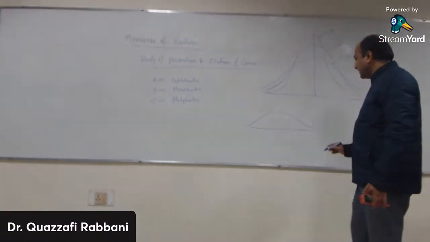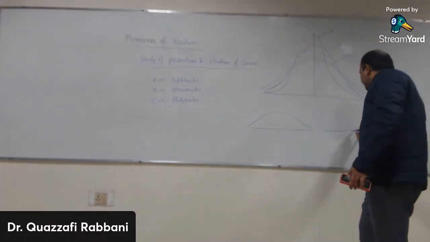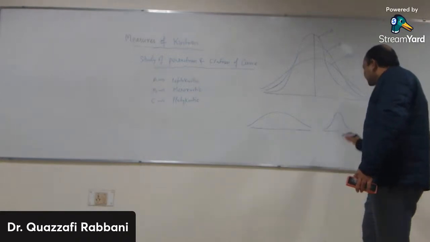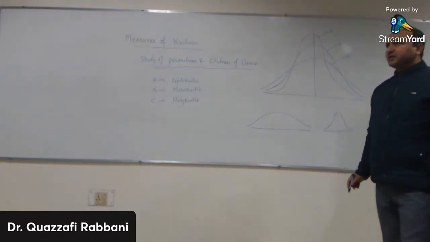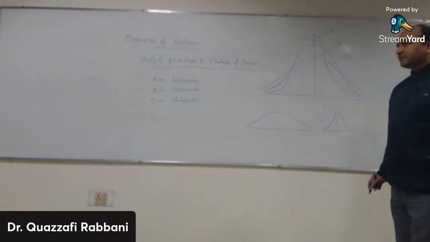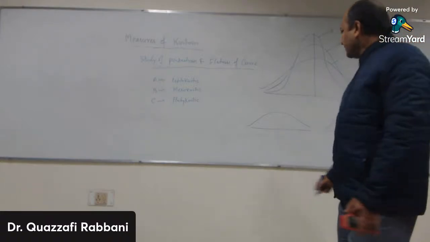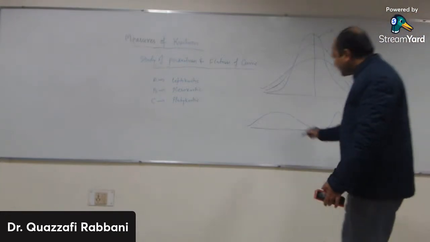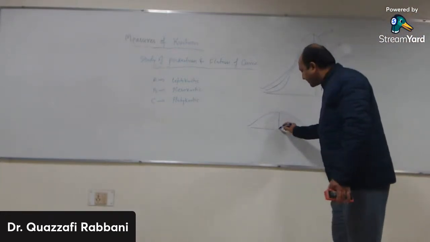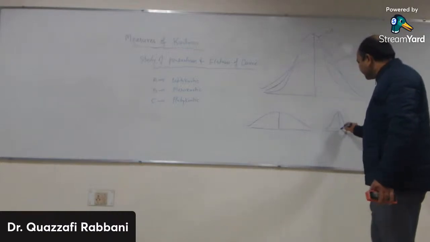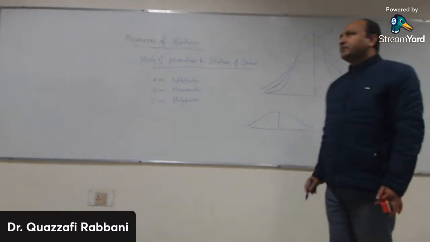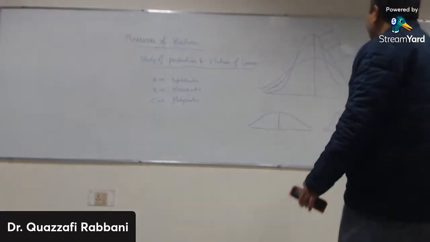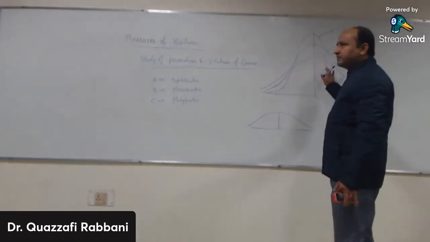If the data is concentrated, then it is concentrated at the same position. But the central values are the same. The mean is the same, but the standard deviations are different for these three types of curve.